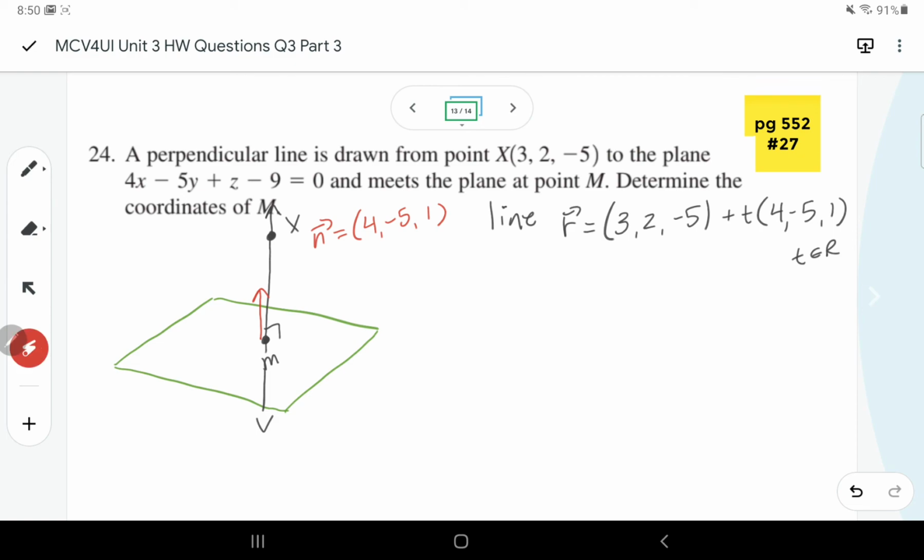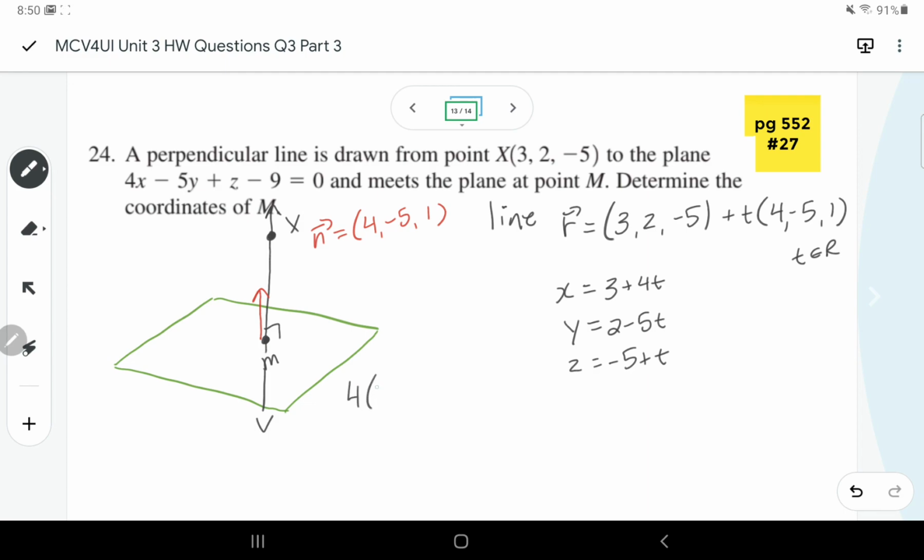Now we want to know where this line crosses this plane. And remember, to find the intersection of a line and a plane, we put the line into parametric form. So x is 3 plus 4t, y is 2 minus 5t, and z is negative 5 plus t. Then we simply take these expressions, sub them into the equation of the plane, and solve for t.